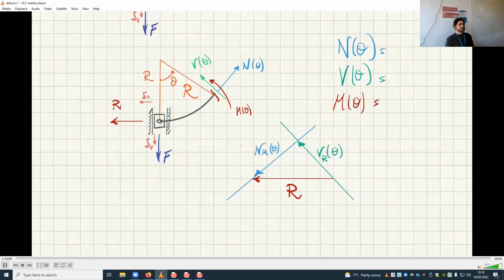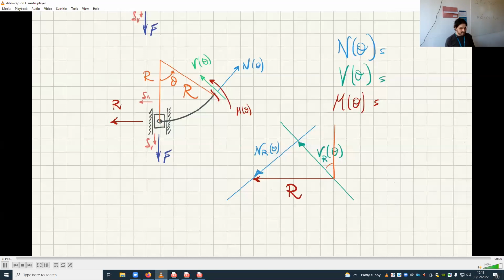Where is the angle theta? On this triangle, where is theta? Theta is made by the shear force and the vertical. We don't have a vertical here. So theta would be this, which is not part of our triangle.